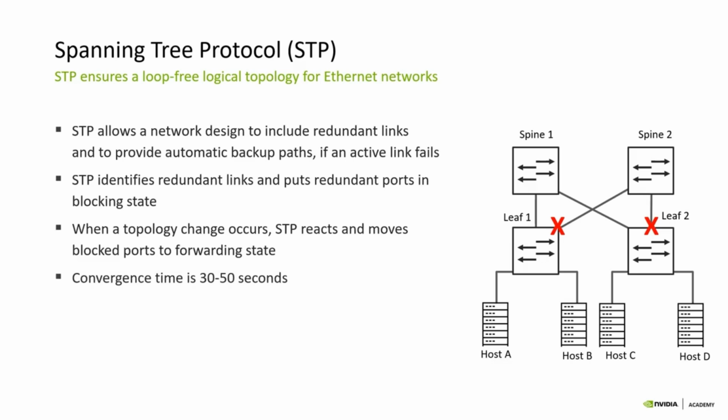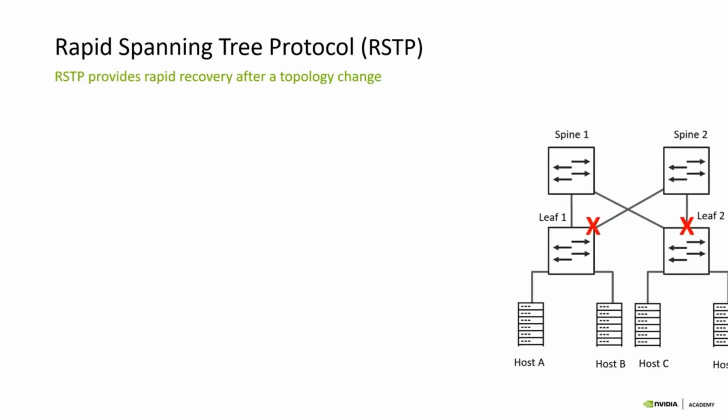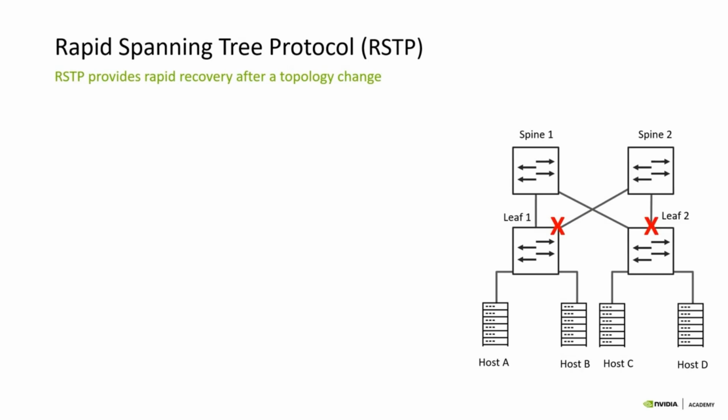Maybe this convergence time was acceptable in the 1980s when STP was initially developed, but no modern data center can tolerate such a long convergence time. Rapid Spanning Tree Protocol, or RSTP, was introduced in the 1990s to provide rapid recovery after a topology change. There are different enhancements to support faster convergence, and we won't discuss the details here.